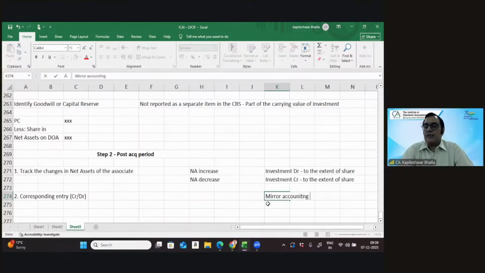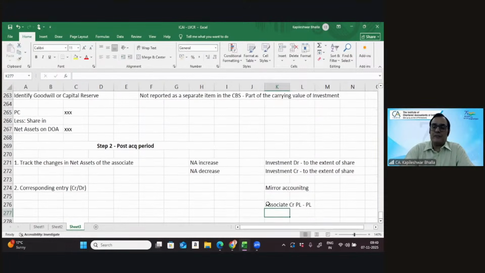What does mirror accounting mean? If the associate company credits P&L, I will also credit P&L as an investor. If the associate company credits OCI, I would also in this particular case credit the OCI, correct?